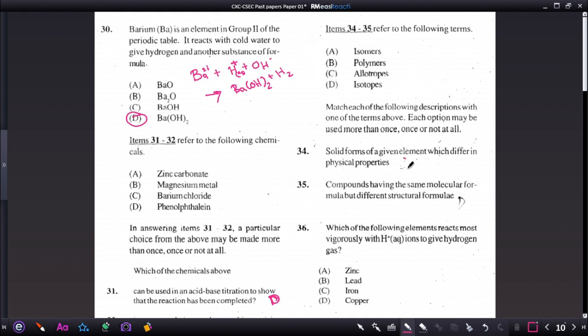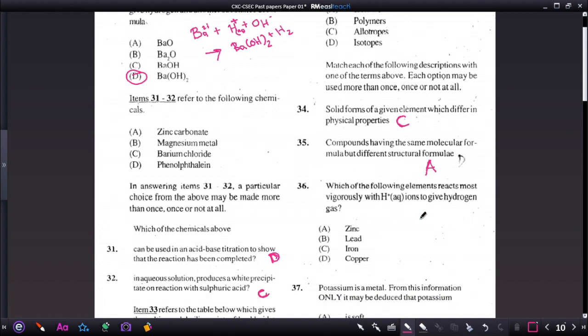So in this case it is C. 35. Compounds having the same molecular formula but different structural formula would be isomers. So that would be A, the isomer.